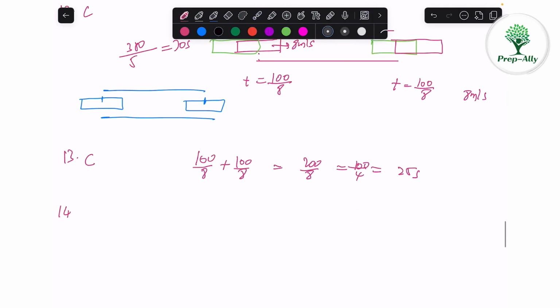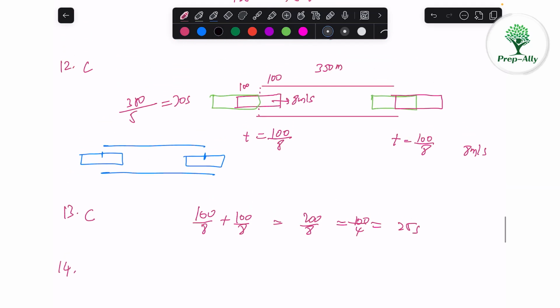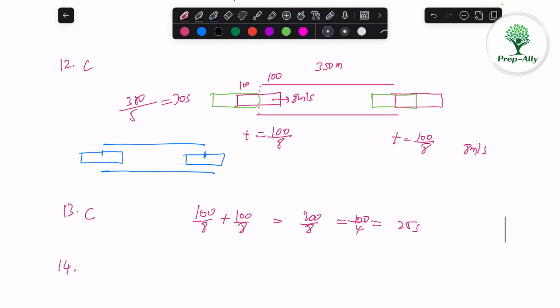Now the 14th question asks, in the above question, for what duration of time is the train on the bridge? So you see, the train is on the bridge when its speed is either 5 meters per second or 8 meters per second, like this, right?